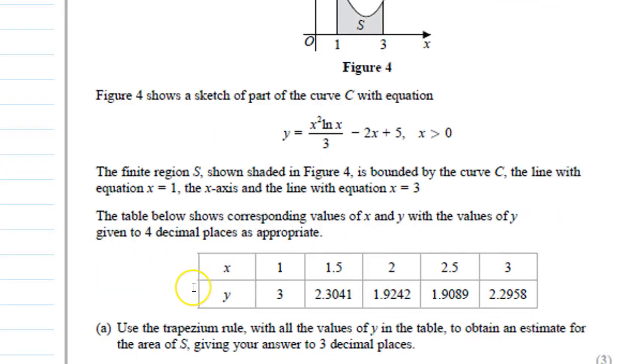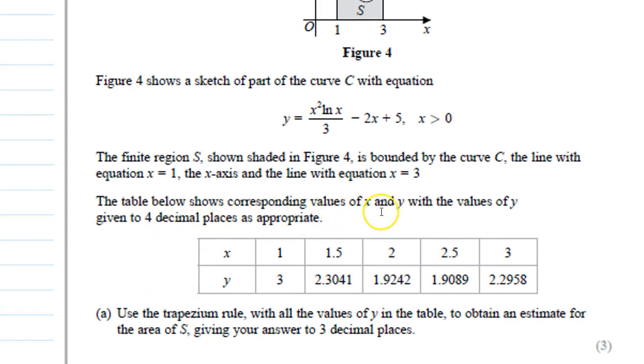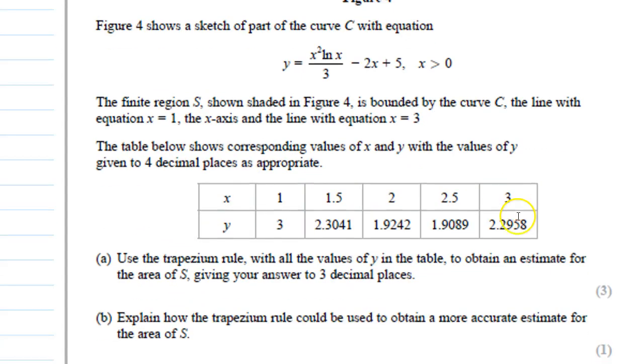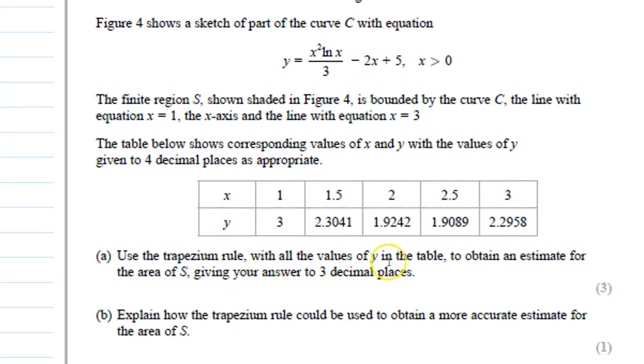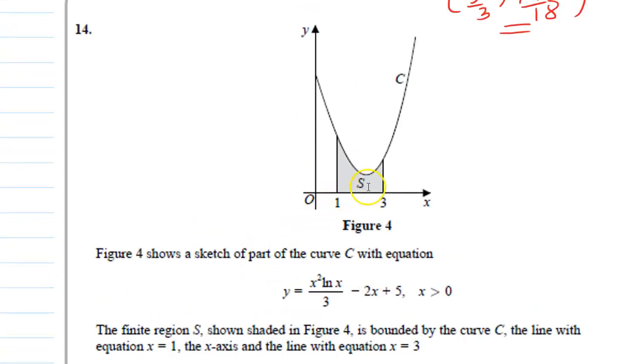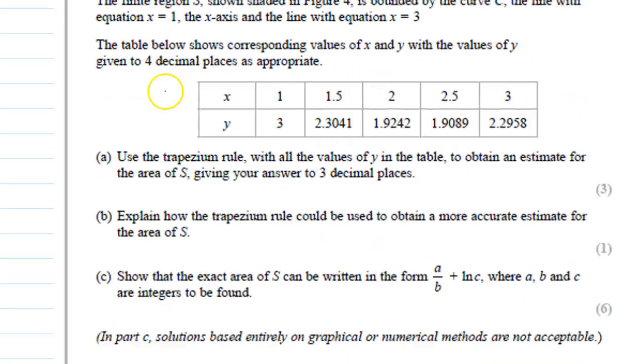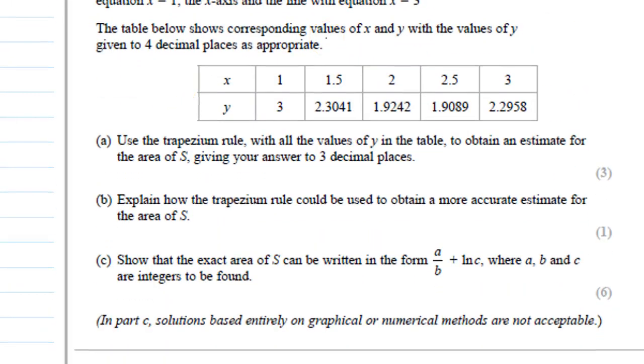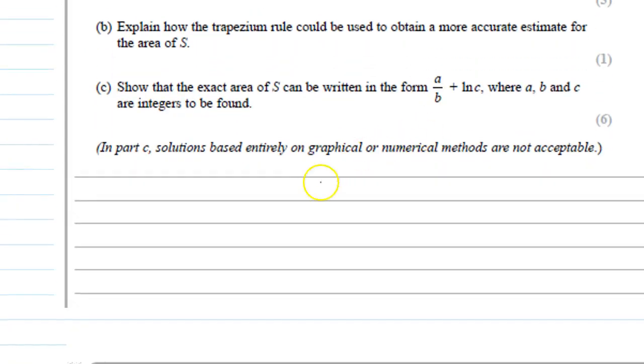The table below shows the corresponding values of x and y, and we use the trapezium rule with all the values of y in the table to obtain an estimate of the area of S. They are asking for the area of S. So let's solve the A part.